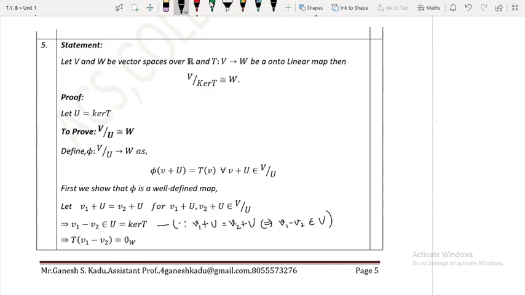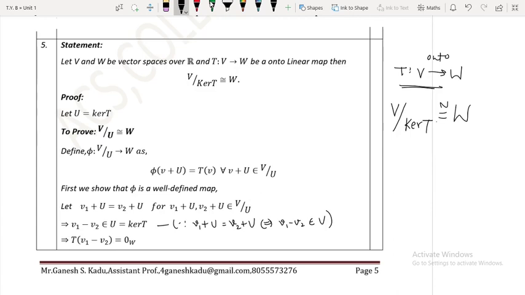Whenever you have a linear transformation from V to W which is onto, keep this in mind, then immediately we can say that V mod kernel of T is isomorphic to W. Okay, so how to identify that? We have to use the first isomorphism theorem.